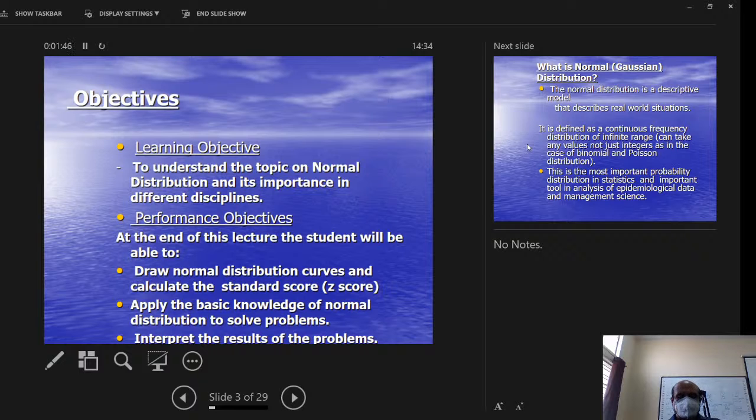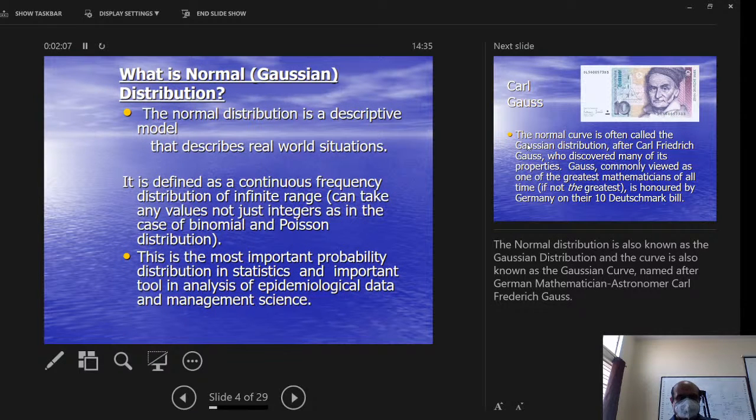The objective of learning about the normal distribution curve is to understand the topic and its importance in different disciplines. At the end of this lecture, the student will be able to draw the normal distribution curve and calculate the standard score and all.